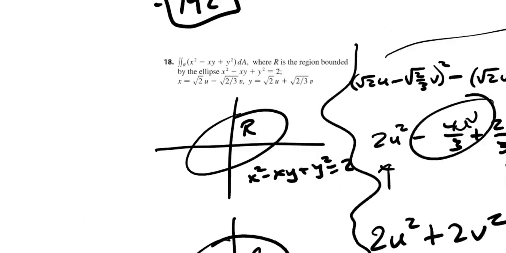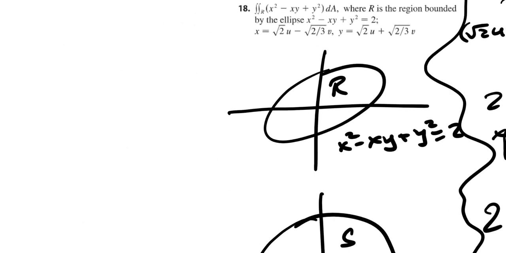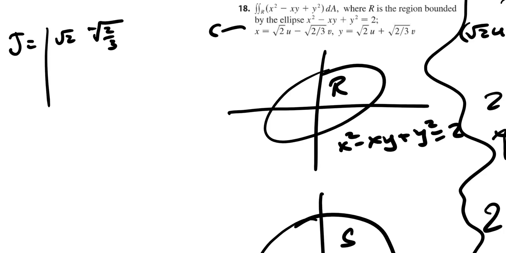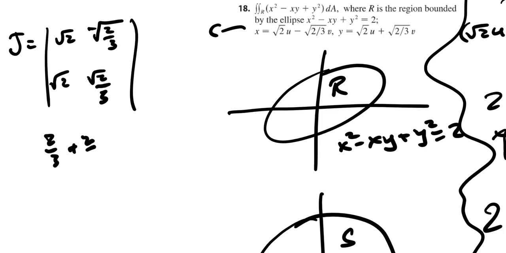So now we find the Jacobian. Let's take the Jacobian of this thing. It's x sub u, square root of 2, x sub v, negative square root of 2/3, y sub u, square root of 2, y sub v, positive square root of 2/3. So this would be 2 over 3 plus 2 over 3, which would be 4 over 3.